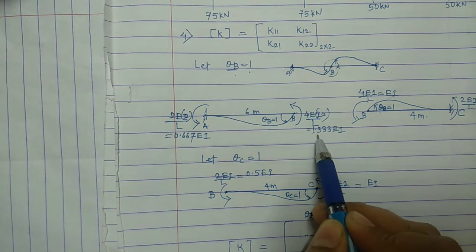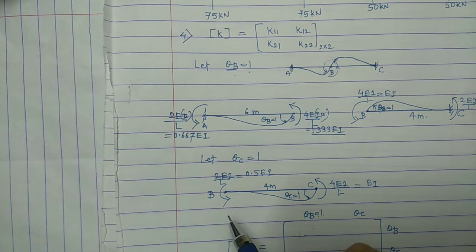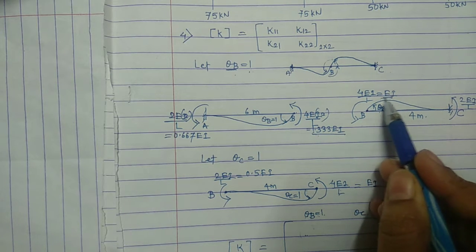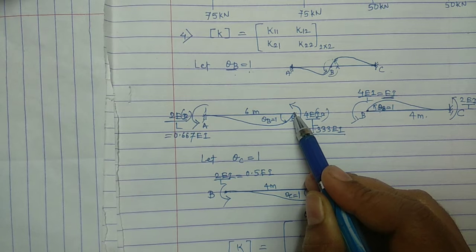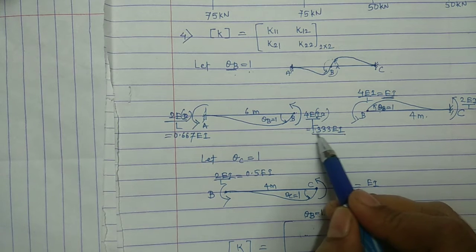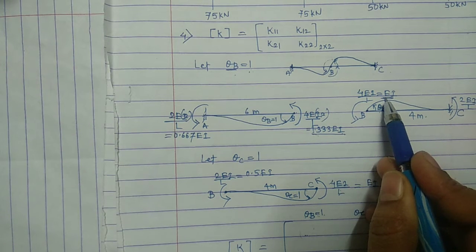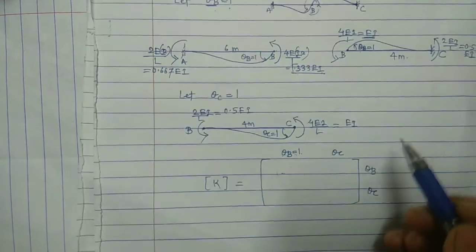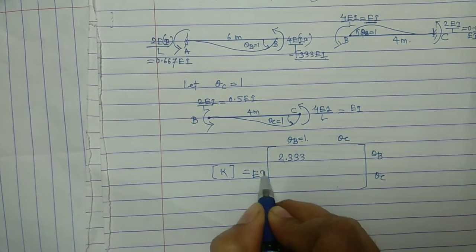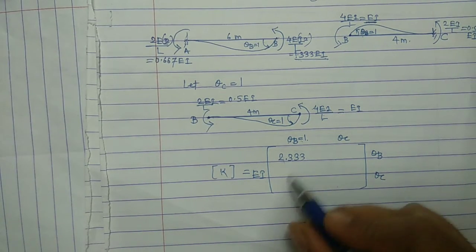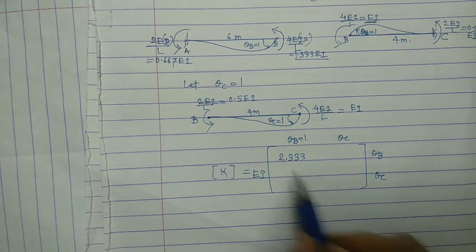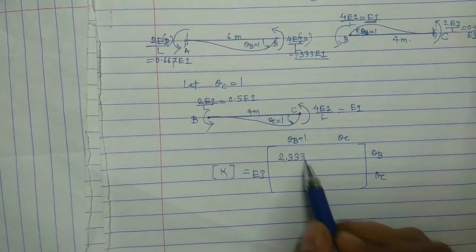So this moment is equal to 1.333 EI, and also B point is there in member BC. So that moment also you have to consider. At B point from member AB, at B point from member BC. So these two moments, 1.333 EI plus this 1 EI. So the total element is 2.333 EI, which we will take outside the matrix, common to all elements. This is the first element corresponding to this theta B and this theta B.